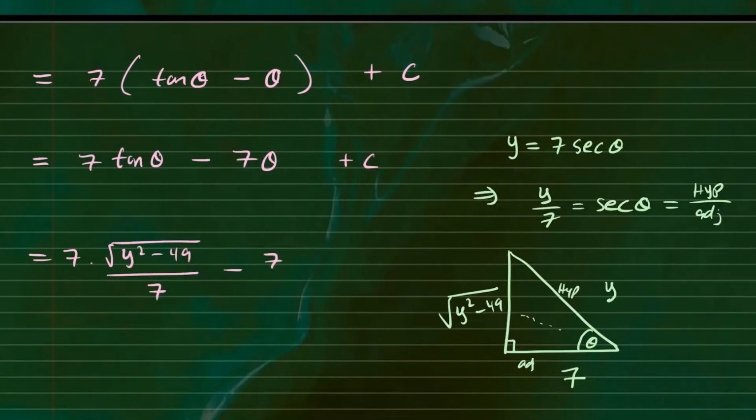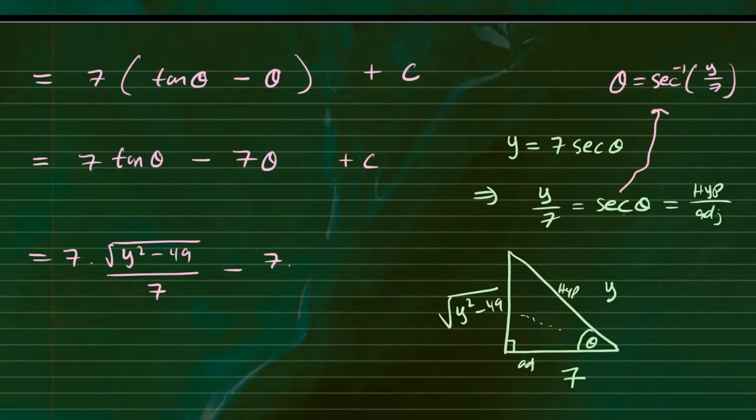Well, what is theta? We can get it from our original substitution by simply taking the inverse. If secant theta is y over 7, then to solve for theta, I can apply secant inverse. So theta equals secant inverse of y over 7, and that's what I'm going to substitute for theta.